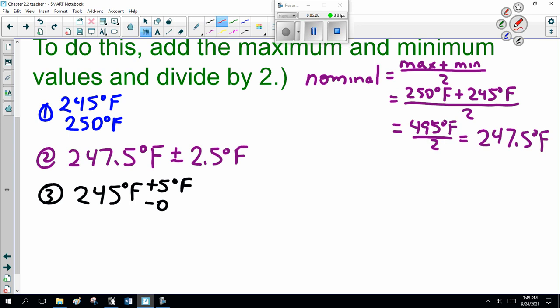And the fourth way is the maximum value. Confusing. All these ways, 4 different ways to write the same thing.